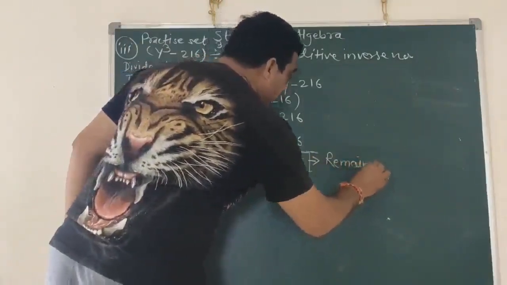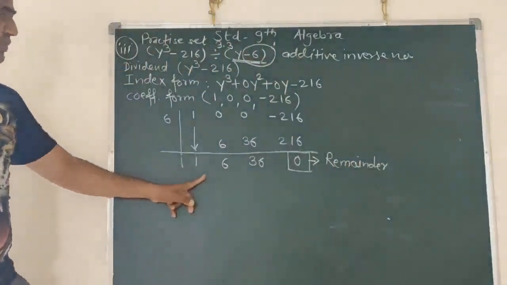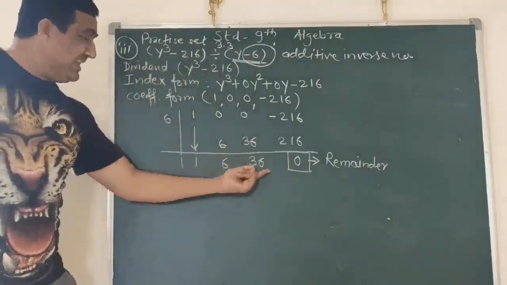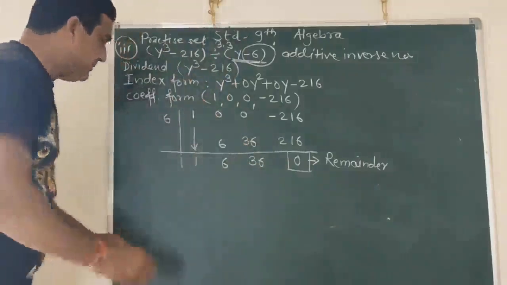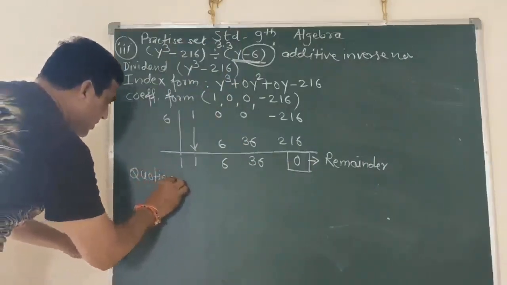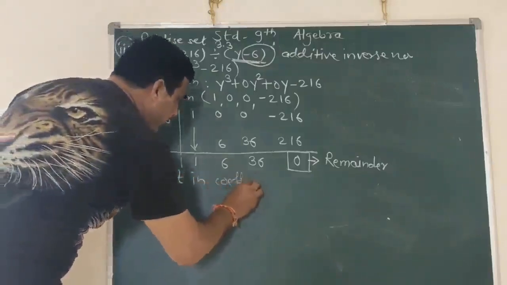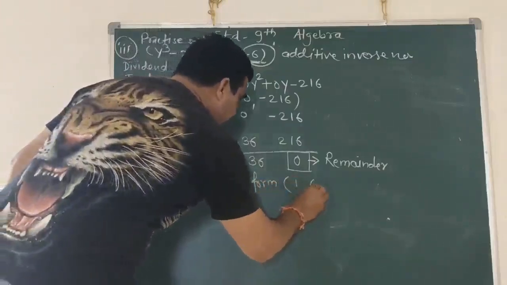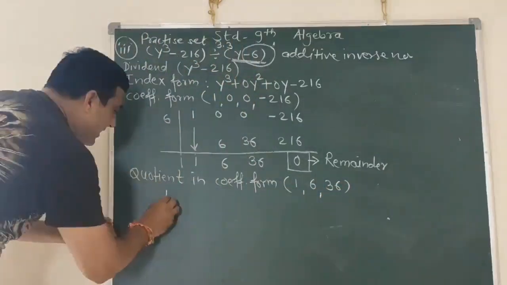And this one is your quotient, but that is in coefficient form. Quotient in coefficient form: 1, 6, 36.